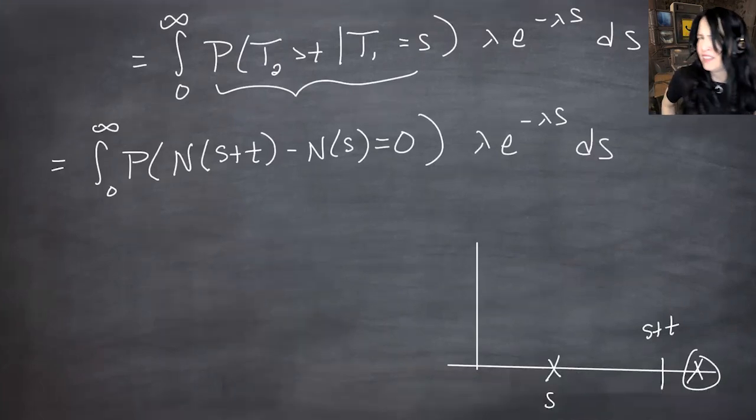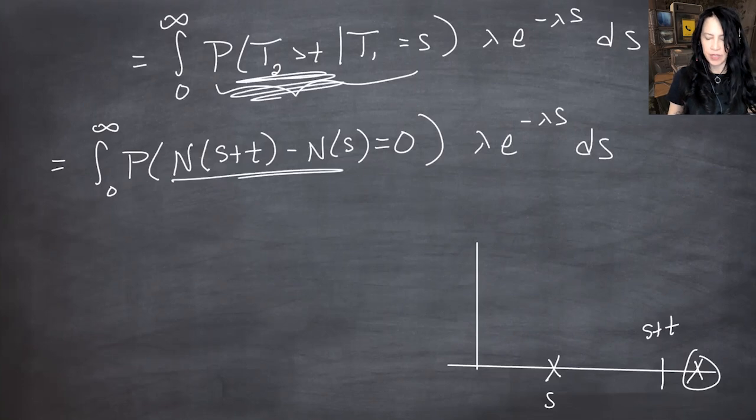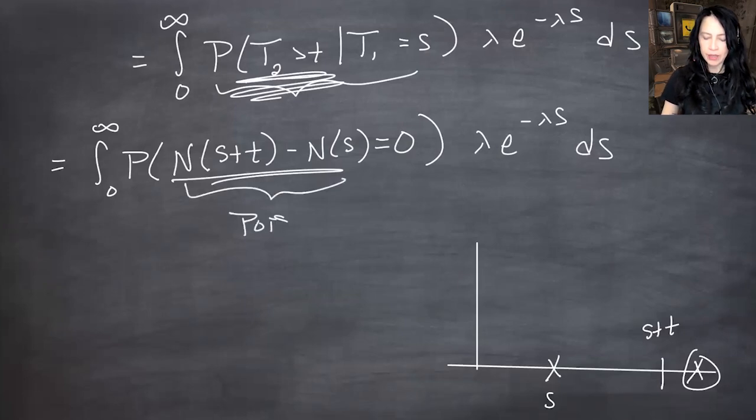So same kind of idea. We know things about the Poisson process. We're trying to show things about the inter-arrival time. So I am trying to interpret things like this in terms of the Poisson process. And this is a Poisson random variable with parameter lambda times the length of the interval, which is t.